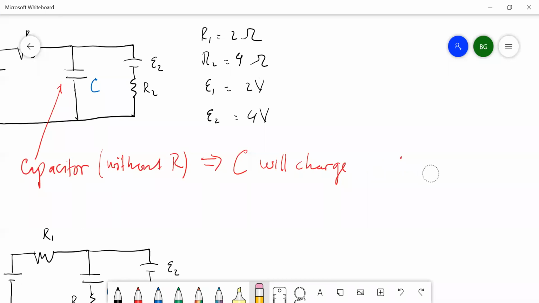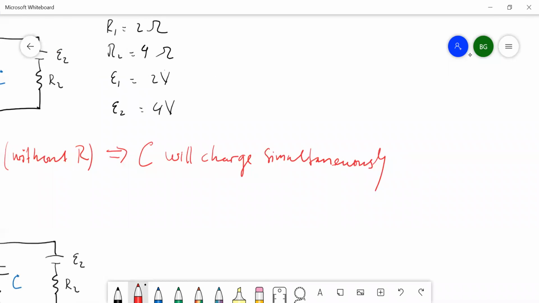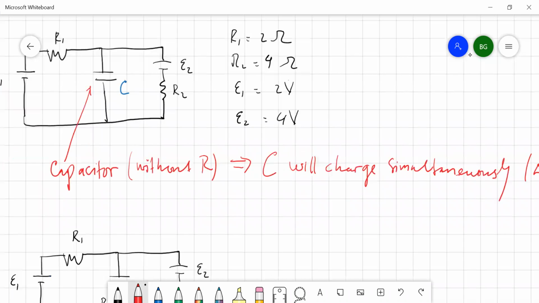Simultaneously, say this one. It means that there is no interval time, this delta t is equal to 0.